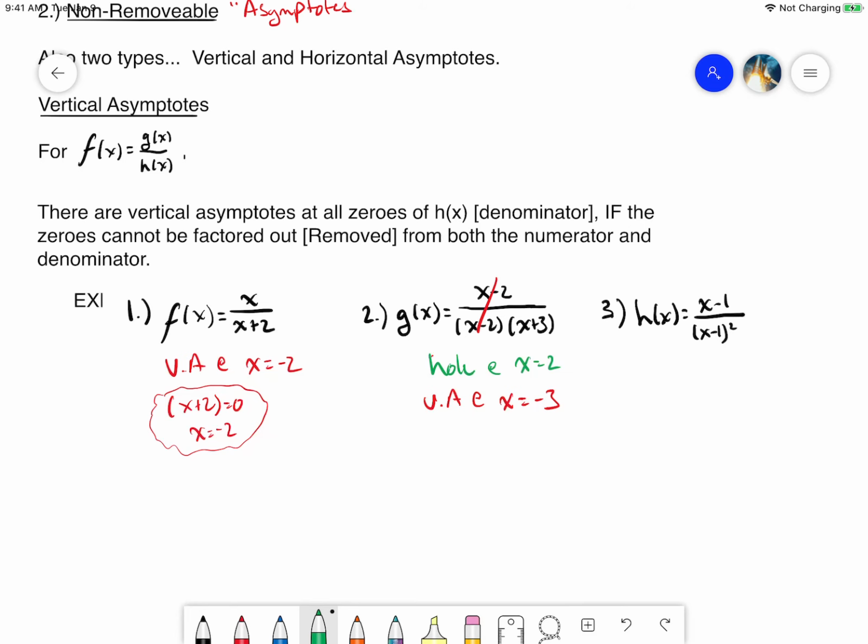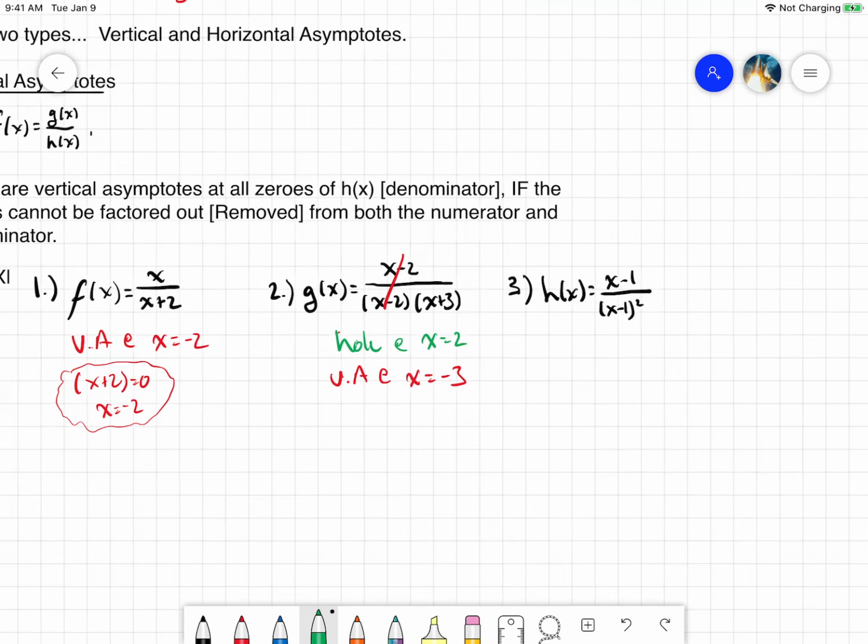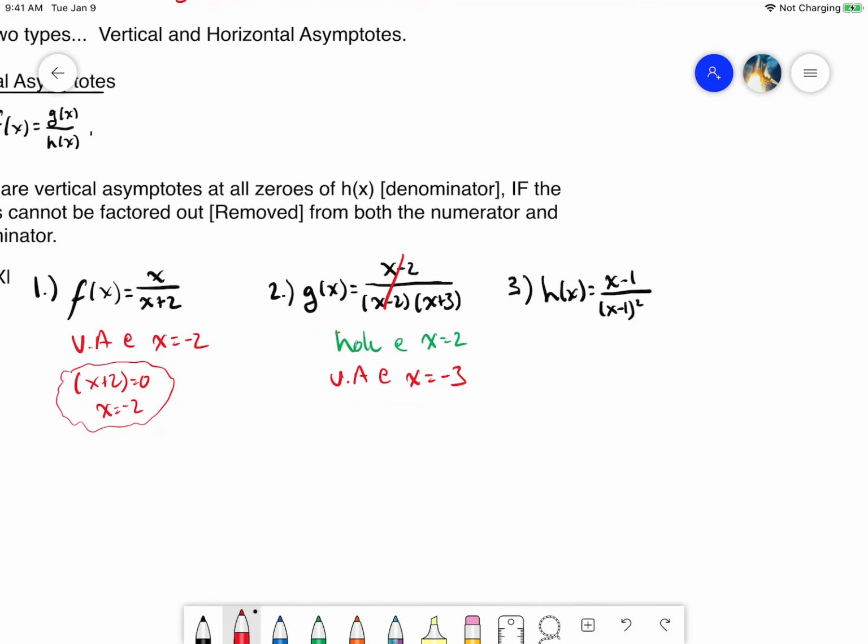Number 3 is going to be a little bit different. It's kind of weird because if I simplify this, it's the same thing as x minus 1 over (x minus 1) times (x minus 1), and we'll see that I can remove this, so we should have a hole at x equals positive 1. But this one can't be removed, so we also have a vertical asymptote at x equals positive 1.